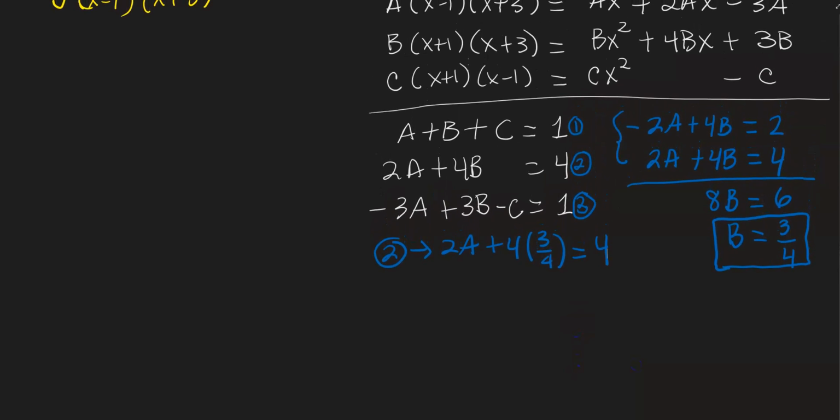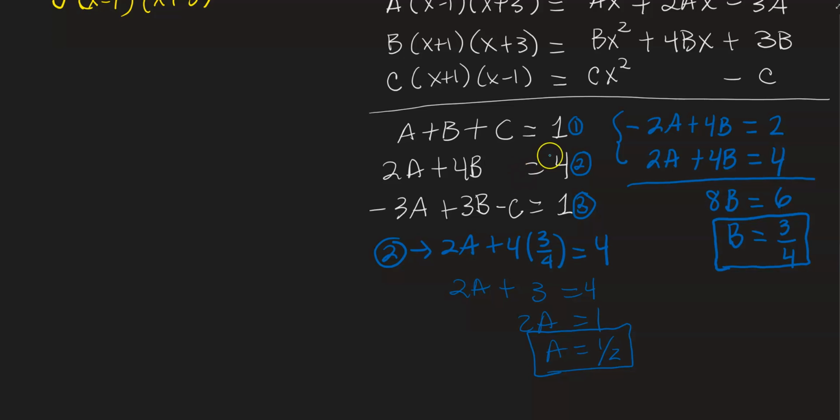So we will have 2A plus 3 is equal to 4. 2A is equal to 1, so A is 1/2. And that is A.